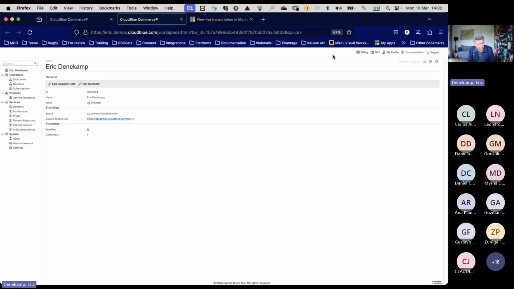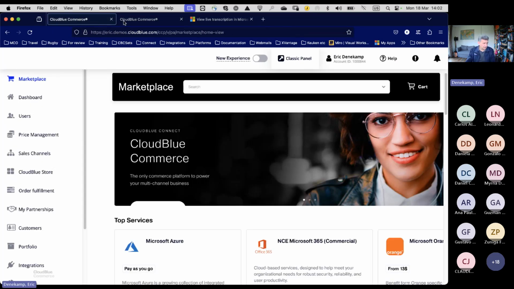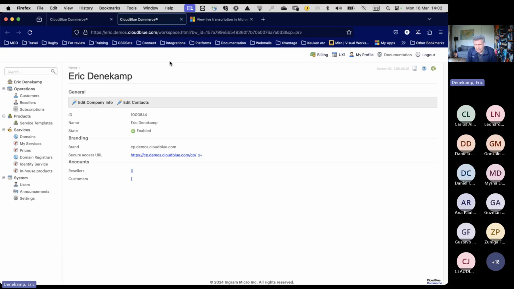The classic panel will open in a separate window. So you see, different tab, the old one is still open. It logs you in a different tab with the same logged in user.